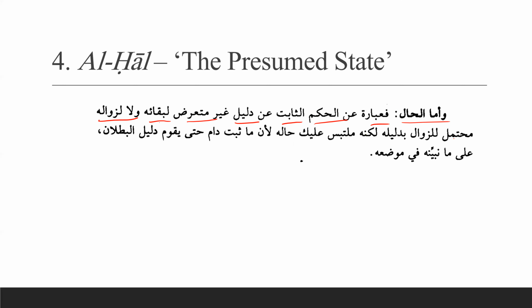And so this ruling is possible. It might not persist with its indicator, but we aren't sure. And therefore, something which has been established will be presumed to remain until we have an indication that it is no longer established. And we'll explain this later in the book.